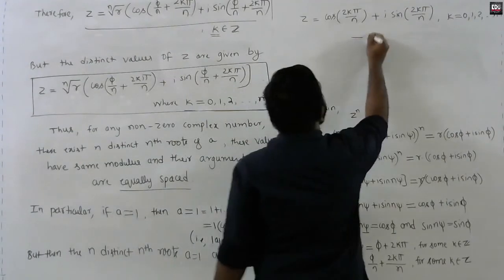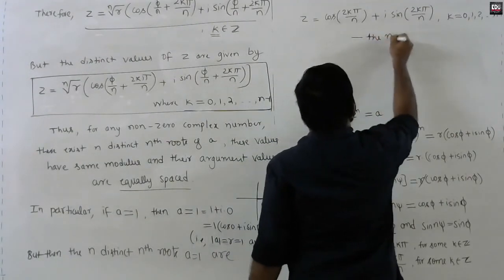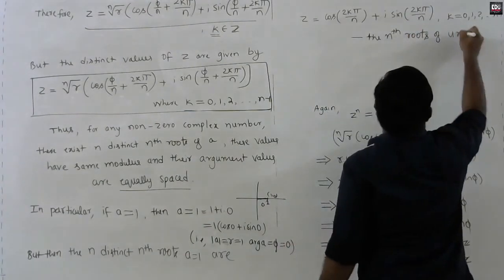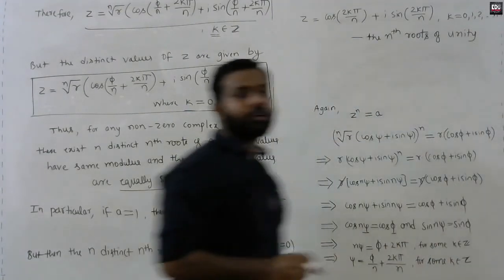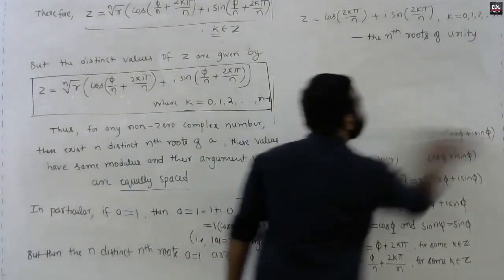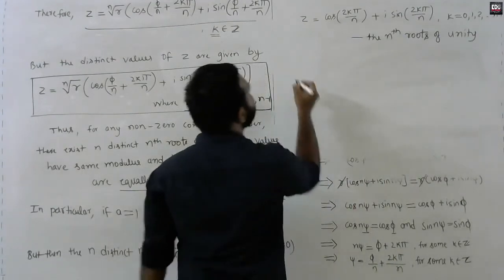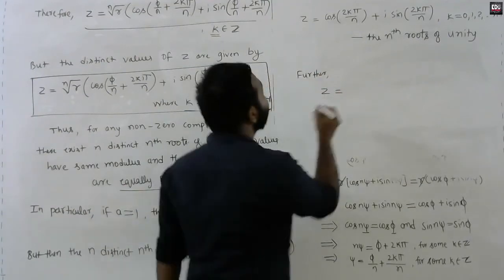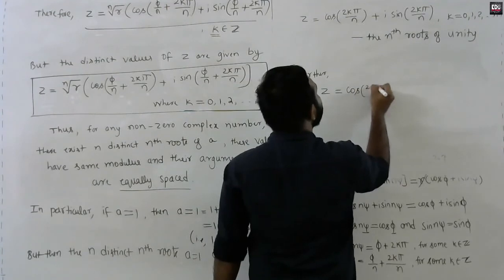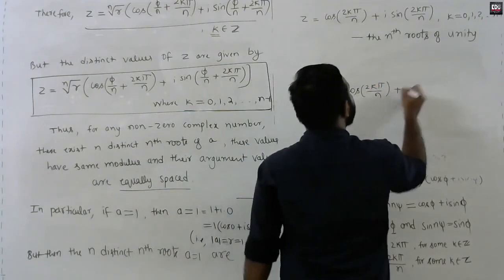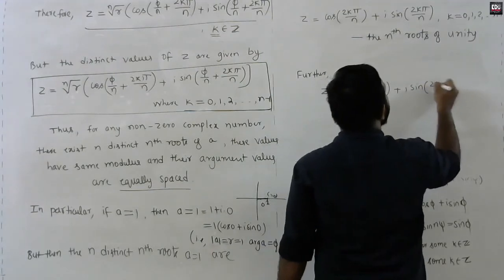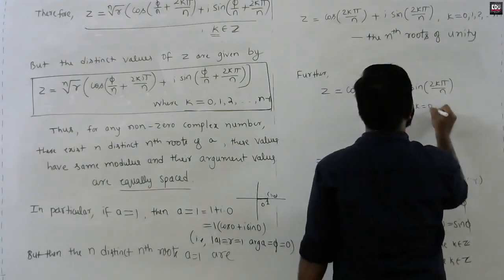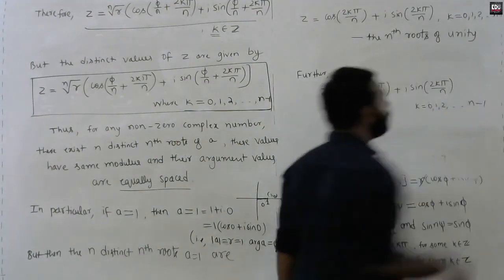These are the nth roots of unity. Further, we can simplify it like this. Actually we have z in the form cos 2k pi by n plus i into sin 2k pi by n, where k runs over the values 0, 1, 2 up to n minus 1.